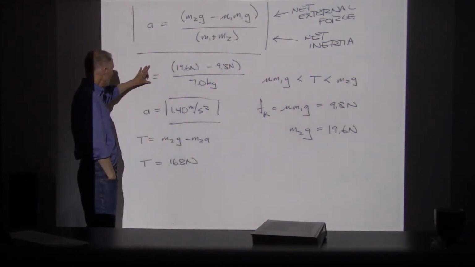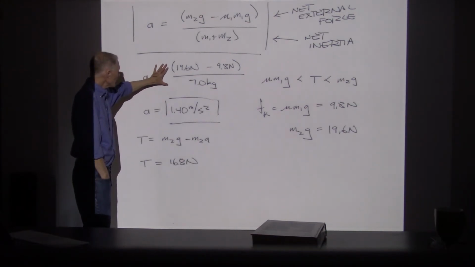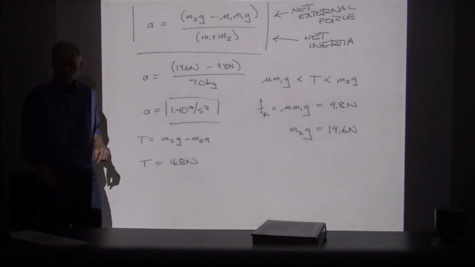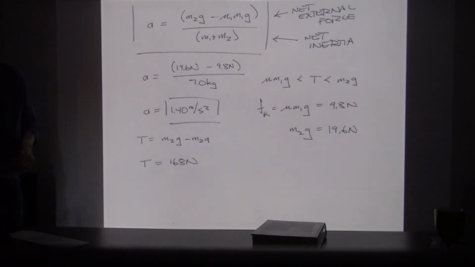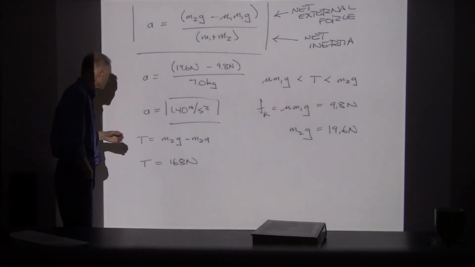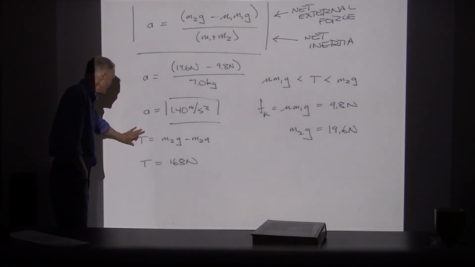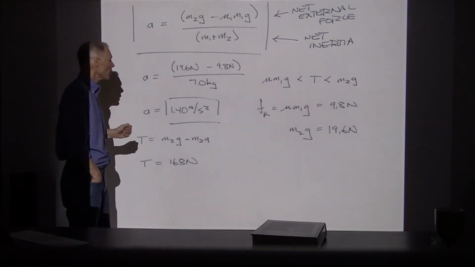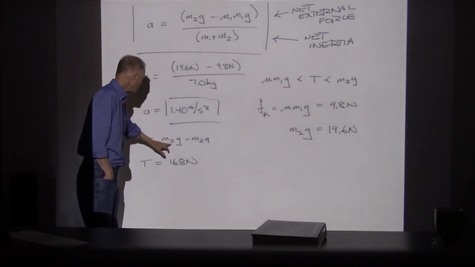First of all, let's get the acceleration solved. Putting all the numbers in for the acceleration, I'm ending up with 1.40 meters per second squared for the acceleration of that system. And then, in order to solve for the tension, I can go back and use one of those other equations that I solved for.